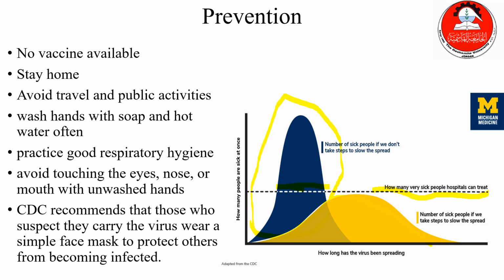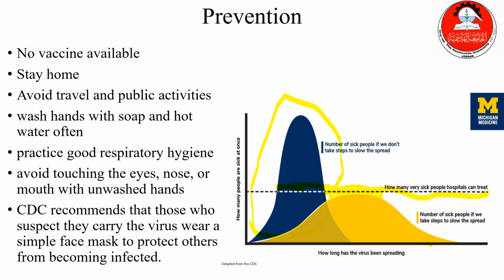So if we can reduce the number of new infections, then we're going to keep the number of new infections below this line so that new infections can be dealt with effectively within the healthcare systems in the countries.